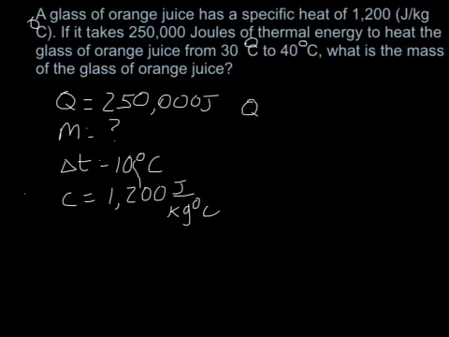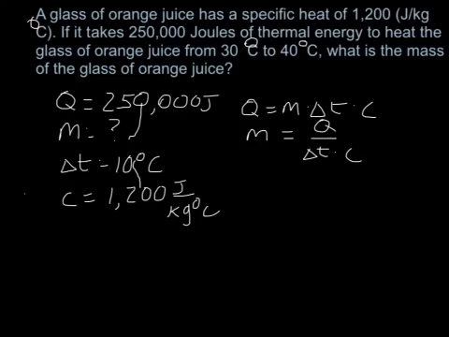So the problem would be Q equals M times change in temperature times C, but we need to find mass, so we're going to use M equals Q divided by delta T, or change in temperature, times specific heat.